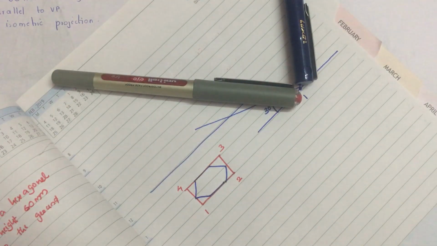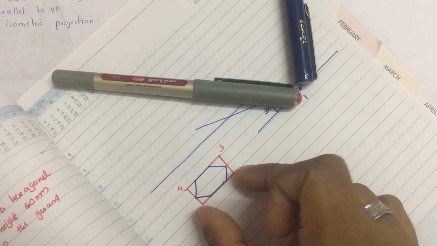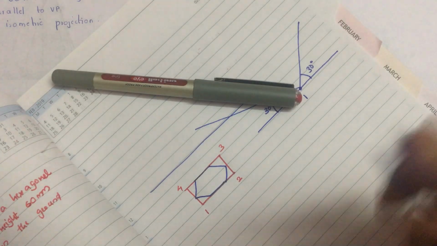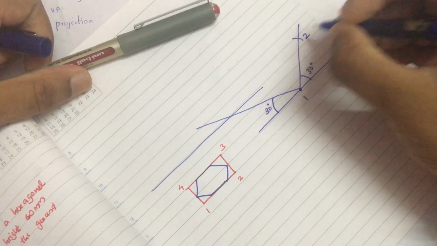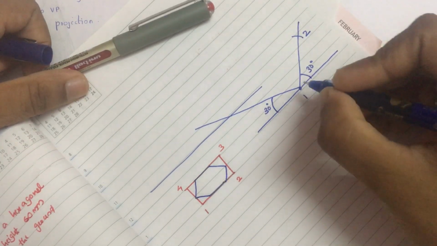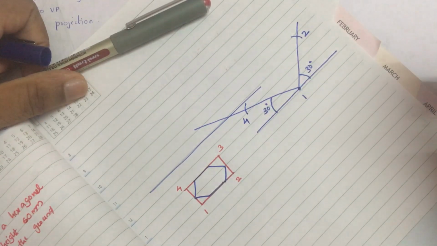So, by taking this measurement using a compass and cutting an arc over this line, we will get the point 2. Similarly, by taking the measurement of 1, 4 using a compass with 1 as center, you will get the 4.